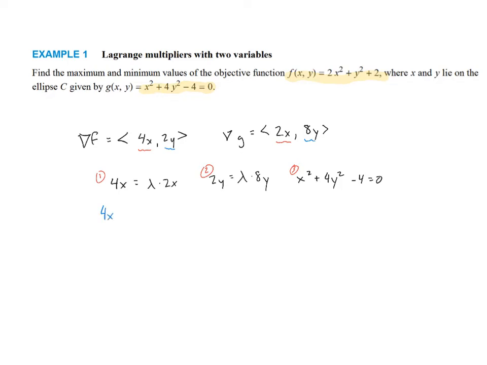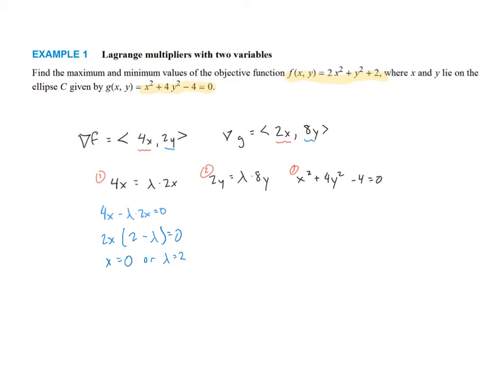So we get 4x minus lambda times 2x equals 0. Now I've got this equation equal to 0, so can I factor? If I take 2x out from both terms, I'm left with 2 minus lambda equals 0. All right, that gives me solutions of x equals 0 or lambda equals 2.